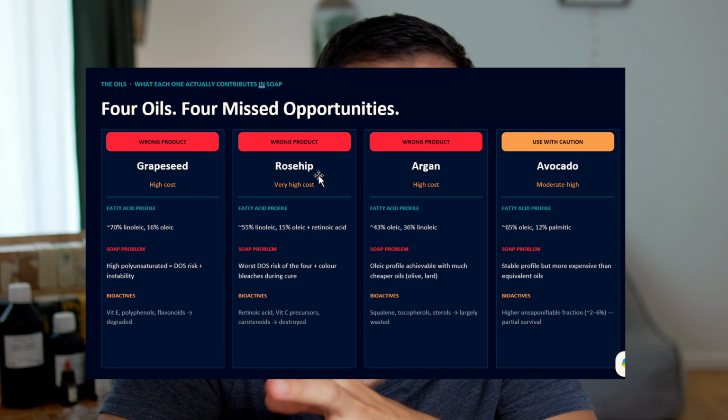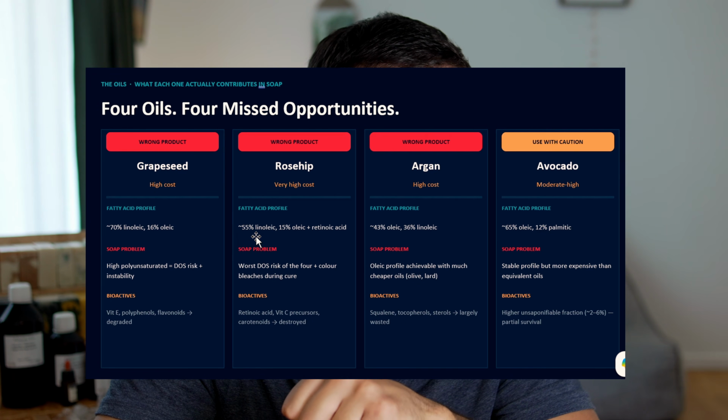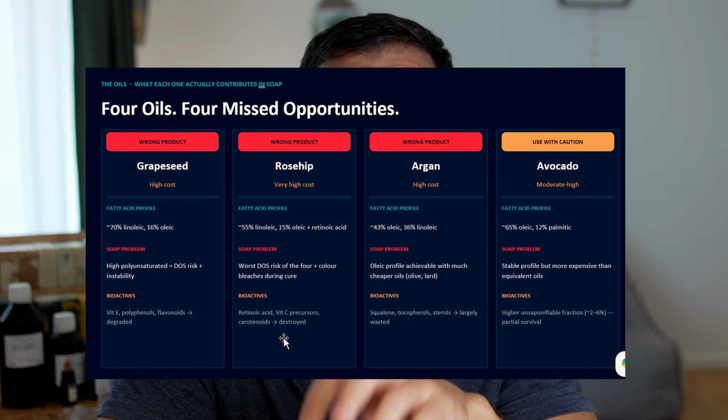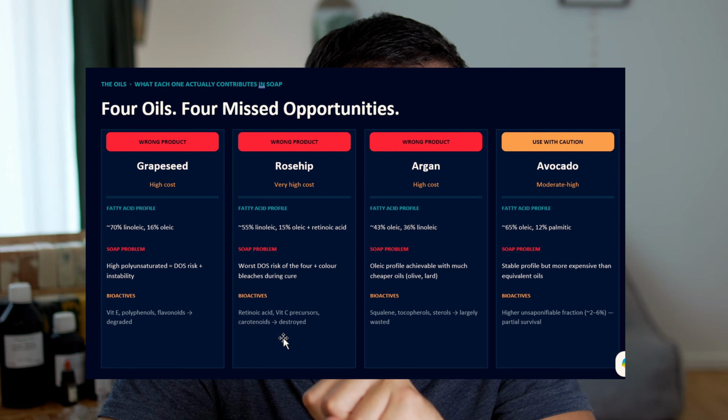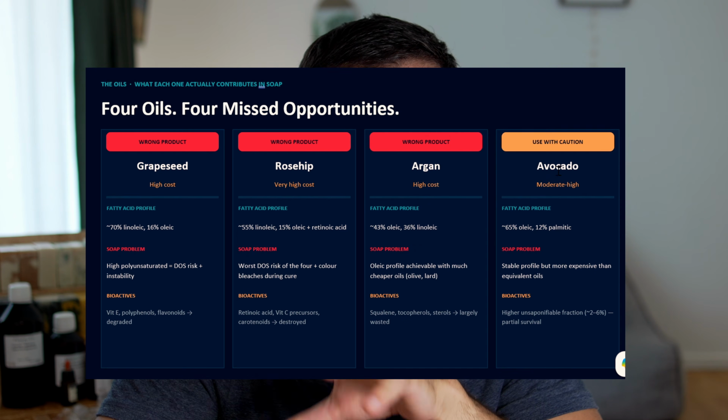Then we have rosehip oil, that's even more expensive. Also high in linoleic acid, has some amazing ingredients like retinoic acid, vitamin C precursors, carotenoids, but they all get destroyed. The same with argan oil, quite expensive, and avocado oil.